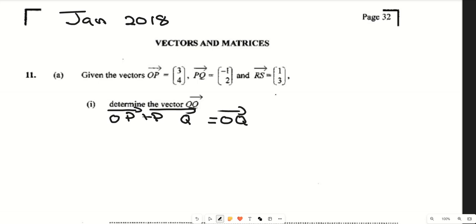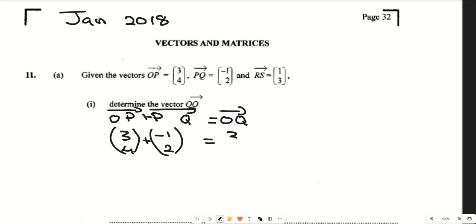Right, so again, your starting point is the first value, Q is your ending, and P, the one closest to your plus sign, must be the same point in common. What is OP? That's (3, 4), and PQ is (-1, 2). You're going to be adding these two.